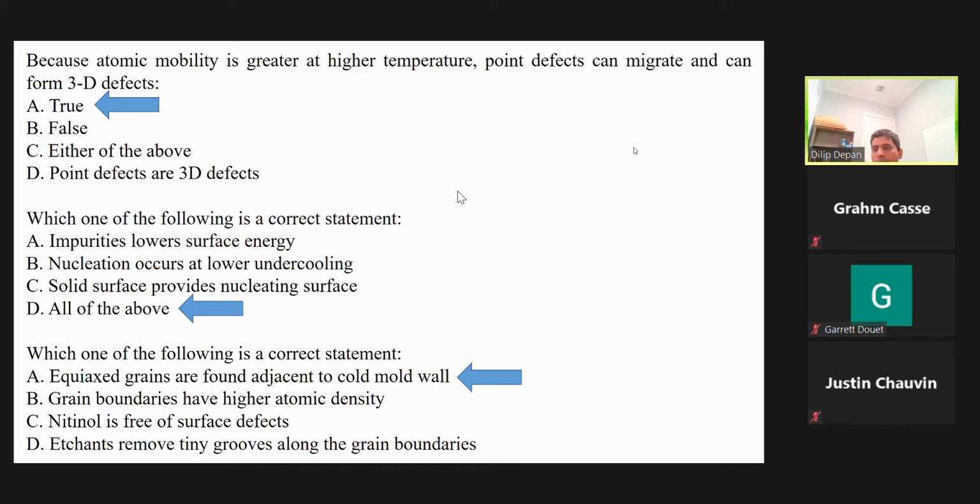Because see the grain boundaries. Yeah, I remember actually this. See the grain boundaries. They are in a higher energy state. So what they will do is they will sometimes attract some atoms towards them. Those atoms will be in a little bit higher energy state, just like the grain boundaries.